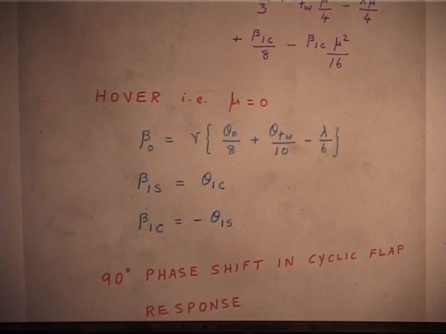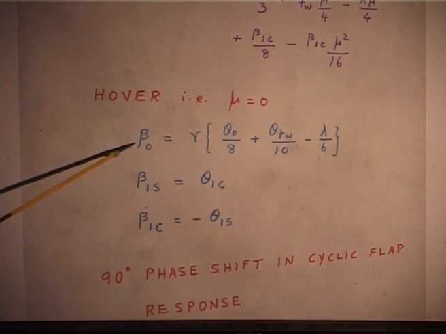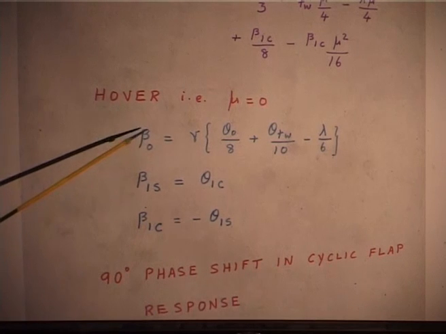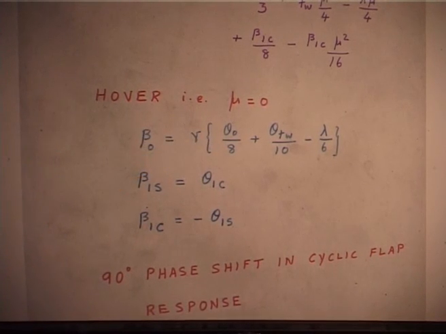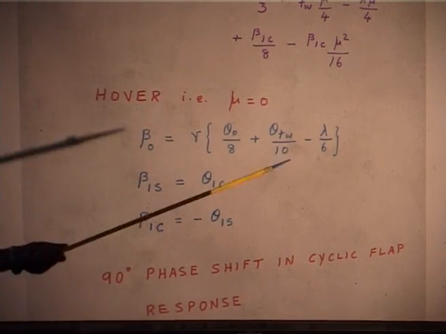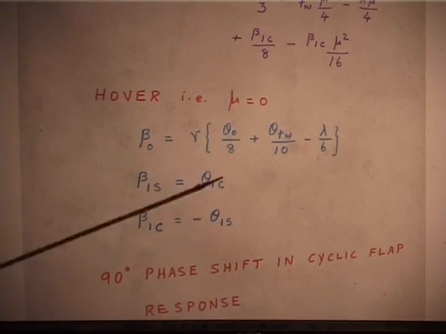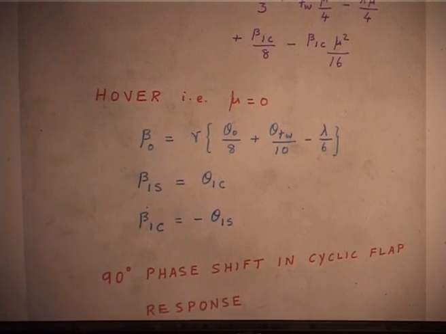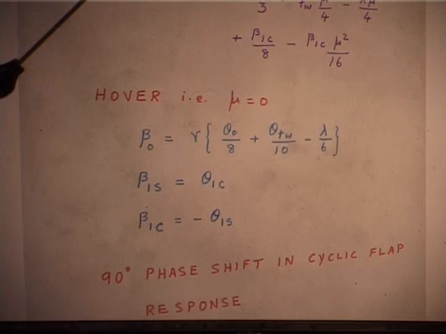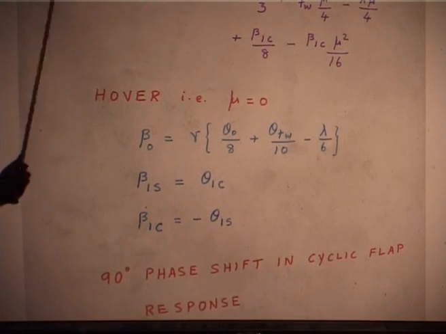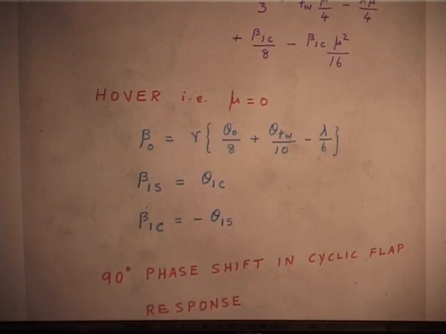So, you know that flap coning beta naught is related to what is the rotor loading. If the rotor is loaded more, your coning will be more. If it is less, it will be less, that is all, okay.